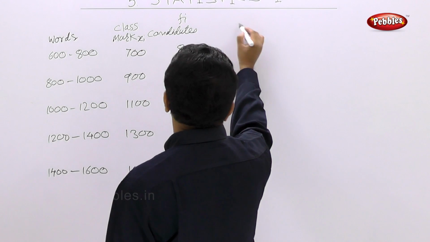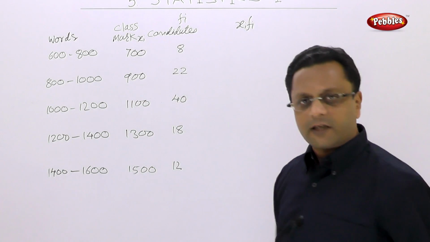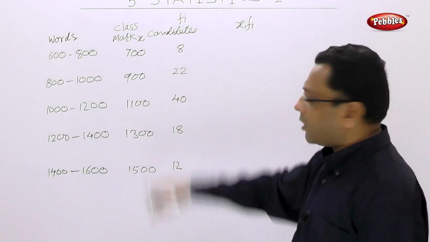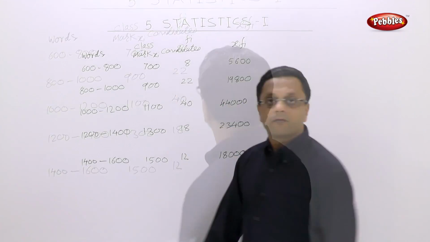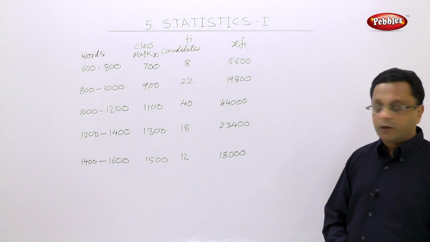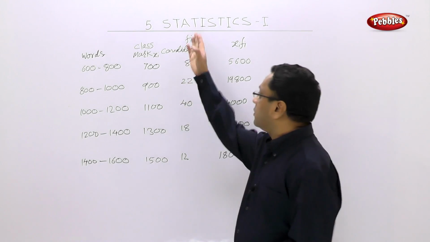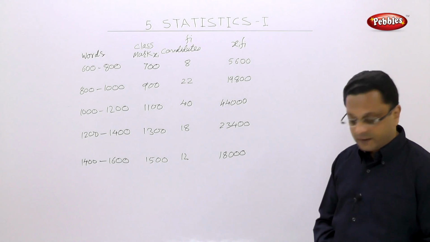We have to find out xi into fi. Quickly find out the xi fi. Do the multiplication quickly. I'll directly write down the answers. So these are the answers. Next step, you have to find out sigma fi and sigma fi xi.